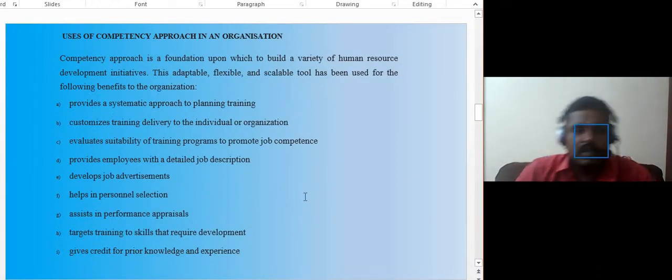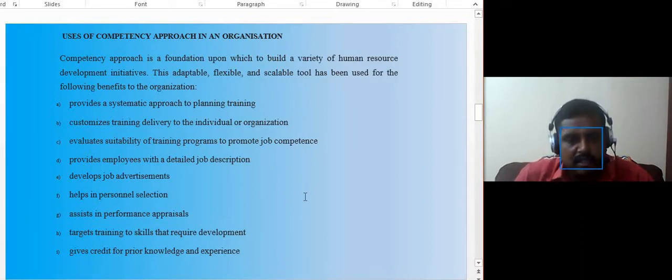The uses of competency approach in an organization. The competency approach is the foundation upon which to build a variety of human resource development initiatives. This adaptable, flexible, and scalable tool has been used for the following benefits to the organization. It provides a systematic approach to planning and training.